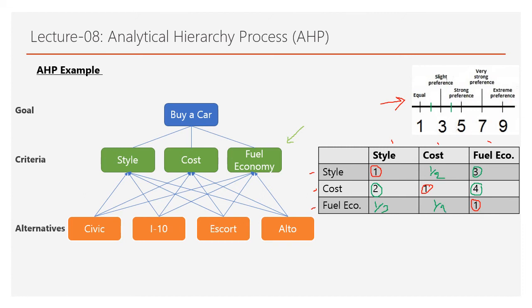So just for you to know, we first do the direct comparison, the preferences, and then we do the corresponding reciprocals, and we have this table showing the comparison matrix based on these scales. Okay, so this is how we do our pairwise comparison, and now we have this matrix showing the preferences among the criteria.